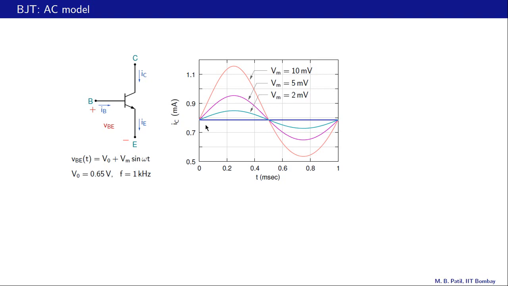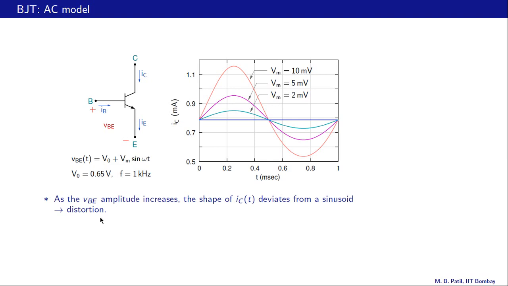But if we increase Vm to 10 millivolts, we see that this positive excursion is larger, this difference here, than the negative excursion, and clearly therefore there is some distortion in the collector waveform for Vm equal to 10 millivolts. So that is the first point we make. As the VBE amplitude increases, the shape of IC of t deviates from a sinusoid, and that causes distortion.